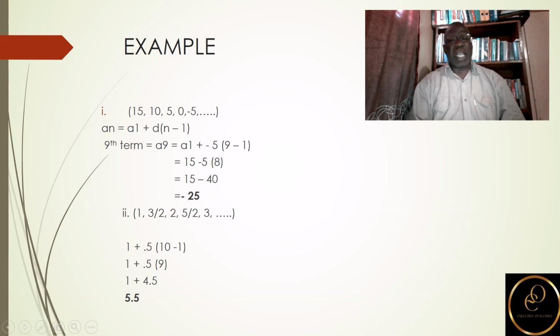So we apply it in this particular formula. We are looking at the 9th term. The first term in this series is 15, so we put 15 there. The common difference is negative 5, so we put negative 5 there.